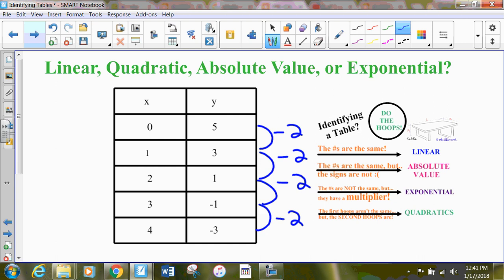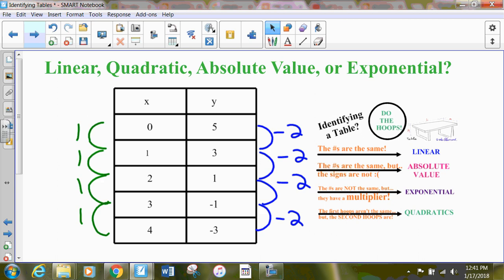Now, if this question said, please find the slope that this table represents, we would do the hoops on the x side. And what would we find? Let's do it real quick, and I'm going to erase it. 4 minus 3 is 1. 3 minus 2 is 1. 1, 1. And so the input hoops wouldn't really matter because it would be negative 2 over 1, negative 2 over 1.